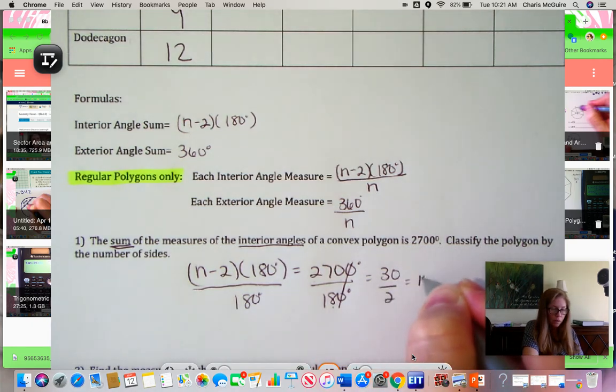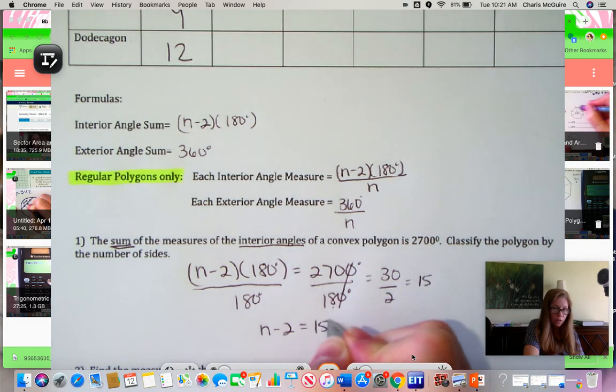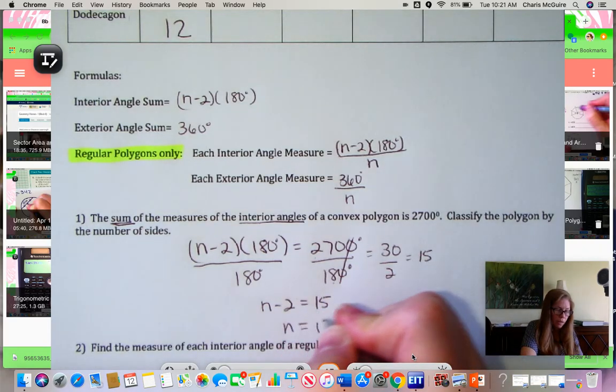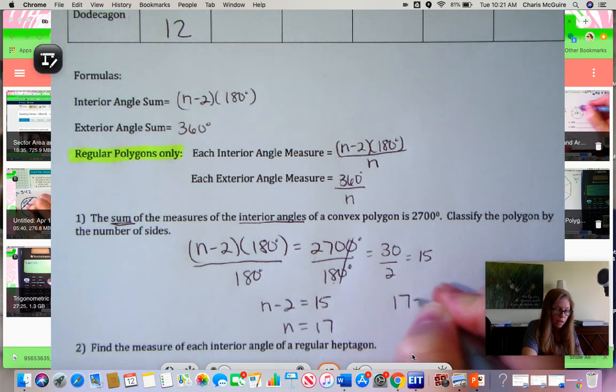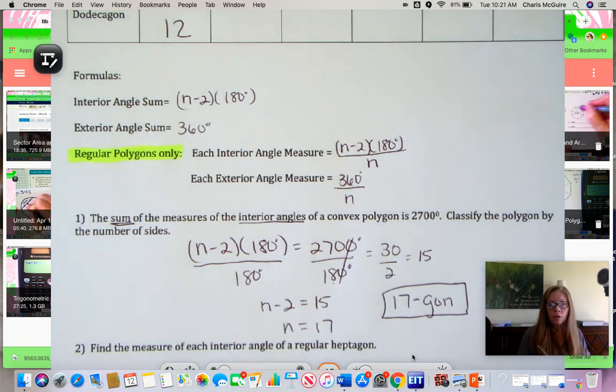So this comes down to 15. So you've got n minus 2 equals 15, and then add the 2. I bet some of you subtracted. So n equals 17. So we have a 17-gon. That is its name, with 2,700 degrees inside.